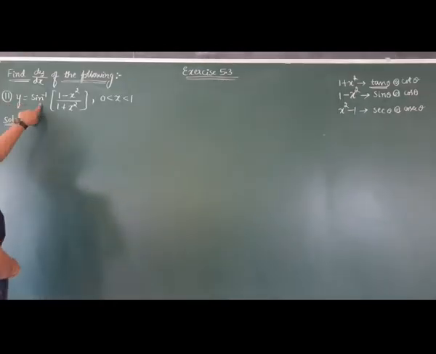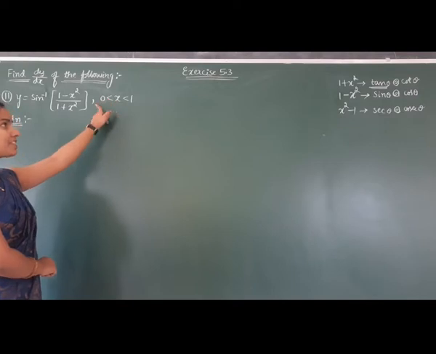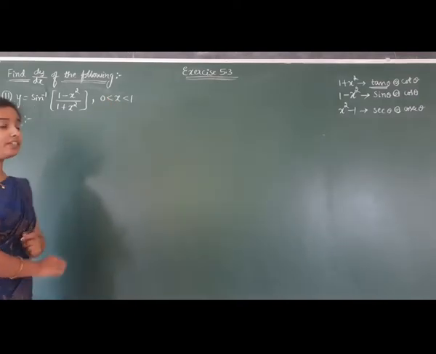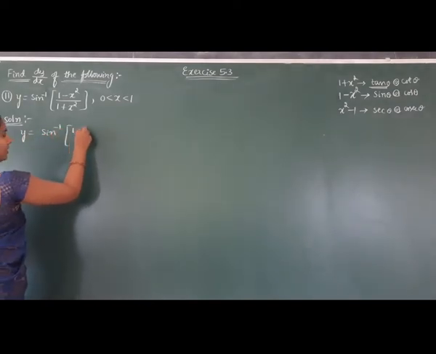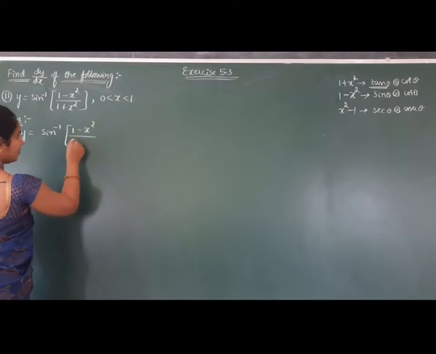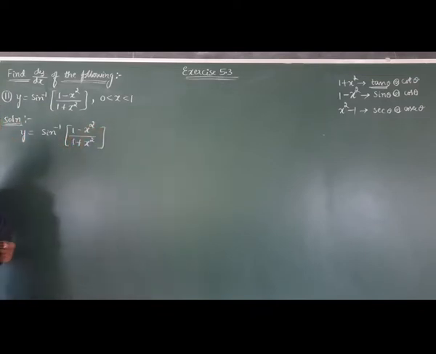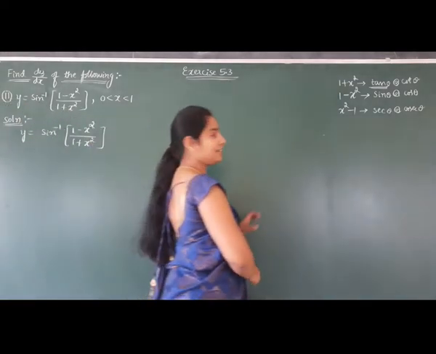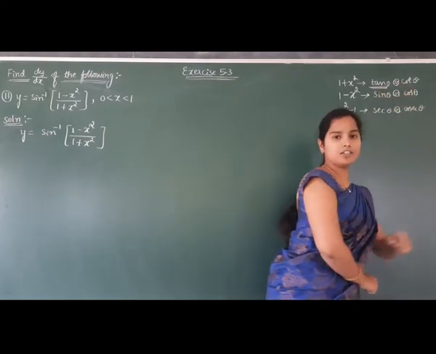y is equal to sin inverse of 1 minus x square divided by 1 plus x square, where x lies between 0 and 1. Okay, first let us consider the given function y is equal to sin inverse of 1 minus x square divided by 1 plus x square. Okay, if an equation contains 1 plus x square, then we substitute either tan theta or cot theta, right?